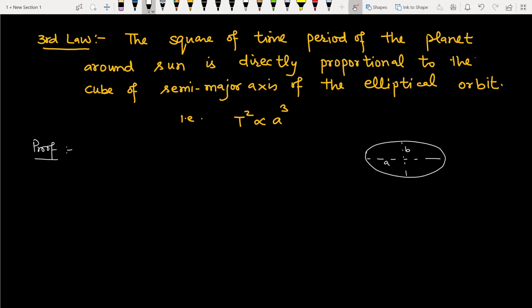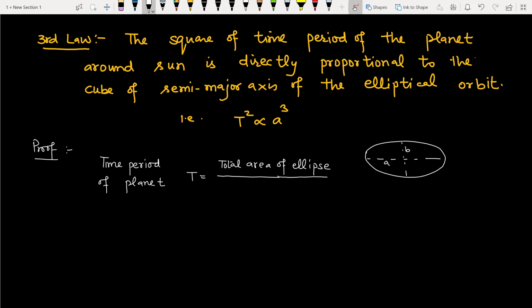The time period of the planet is given by the total area of the ellipse, because the planet revolves around Sun in an elliptical orbit, divided by areal velocity.